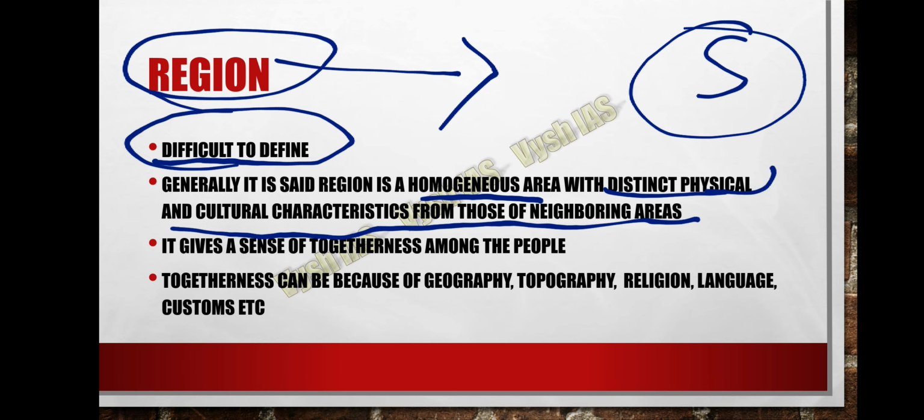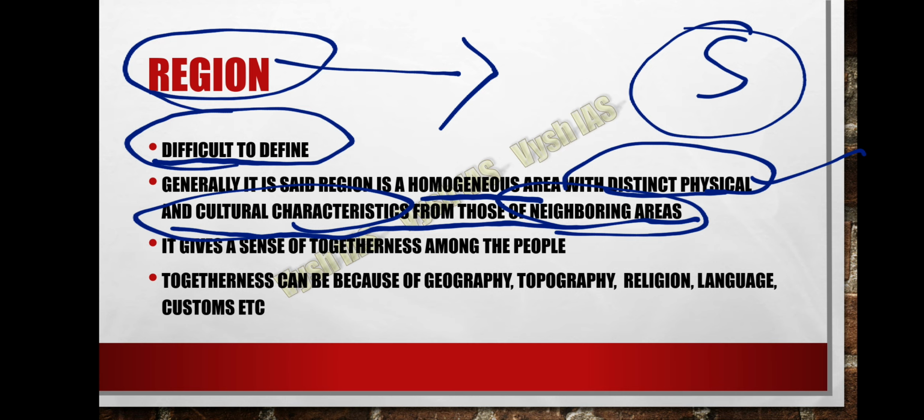Physical is, for example, geography. They will have a common geographical area and common cultural characteristics which are distinct from those of the neighboring areas. So if these conditions are satisfied, that area can be treated as a region.